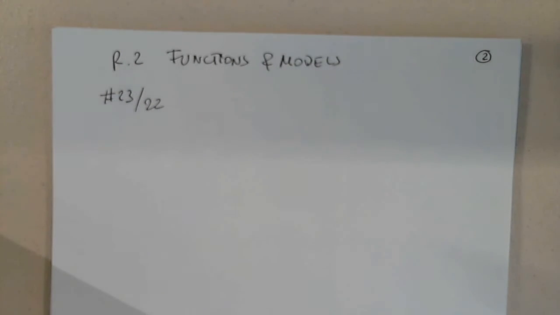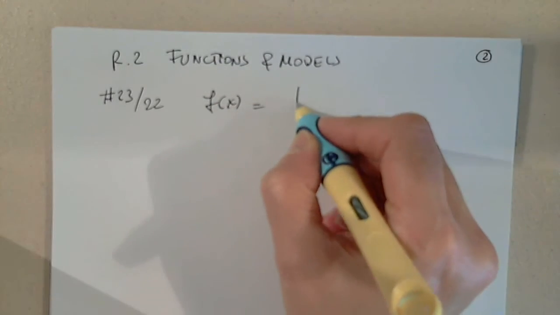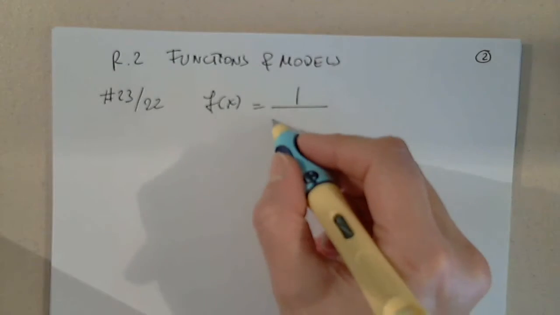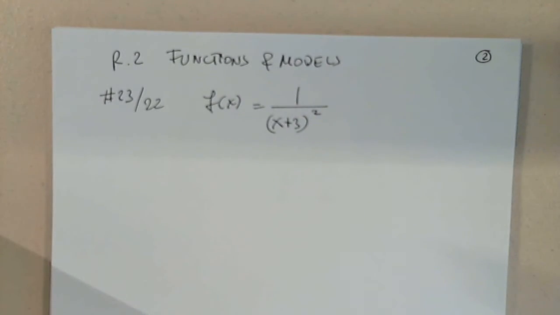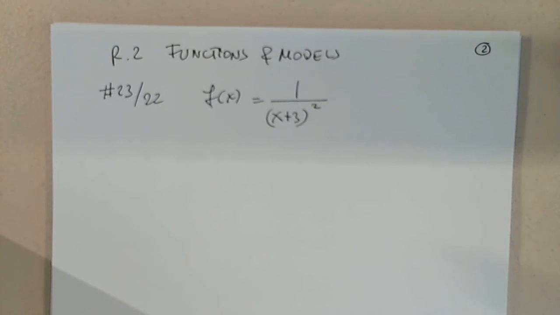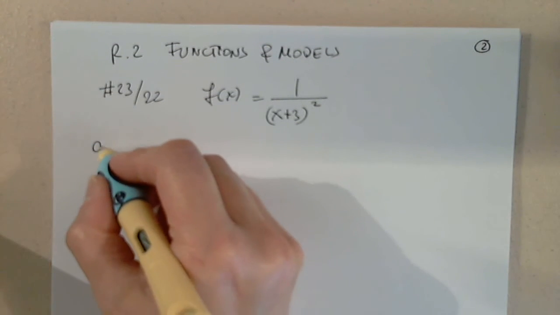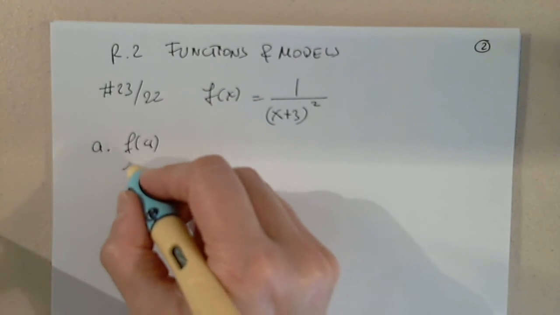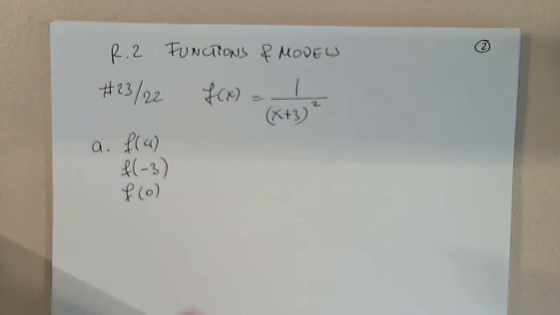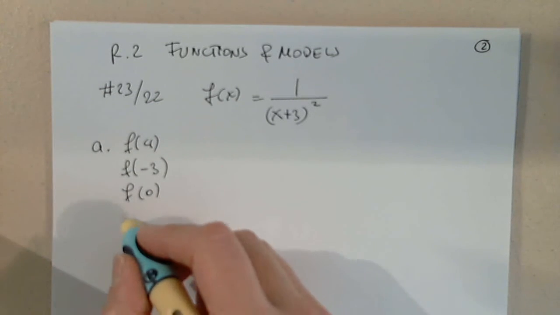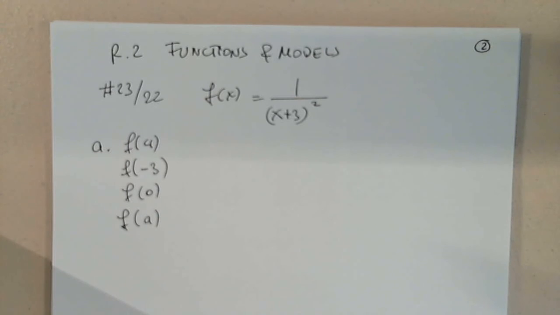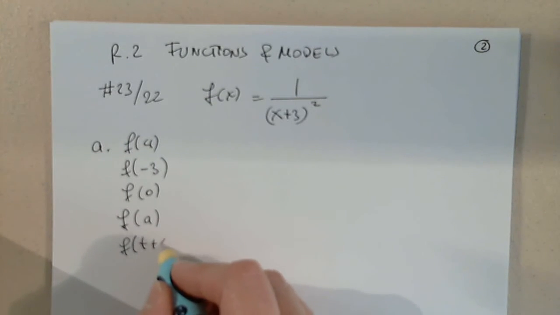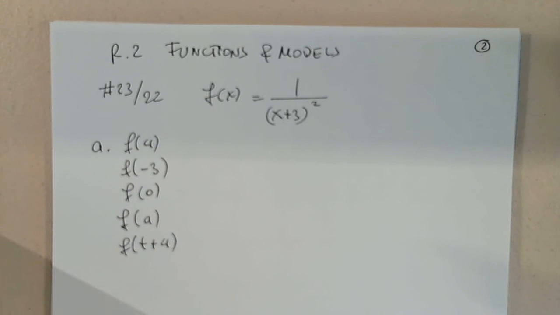And we are given a function which is f of x. It's a rational function, 1 over x plus 3 to the second power. And we are asked to determine several values, among which, in part A, we're asked to find f of 4. Then we're asked to find f of negative 3, f of 0, f of a, f of t plus 4, and finally f of x plus h.